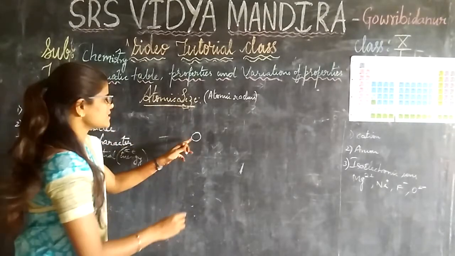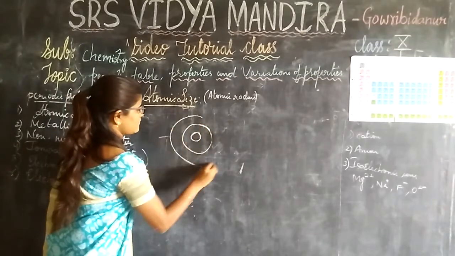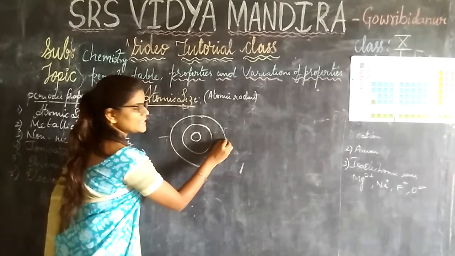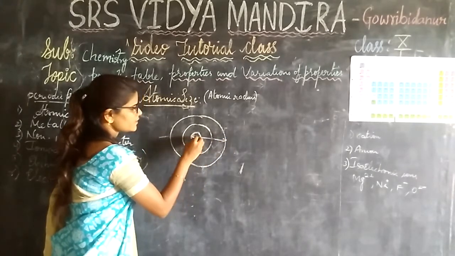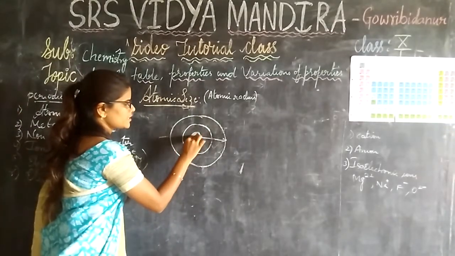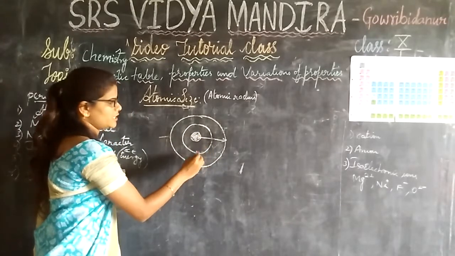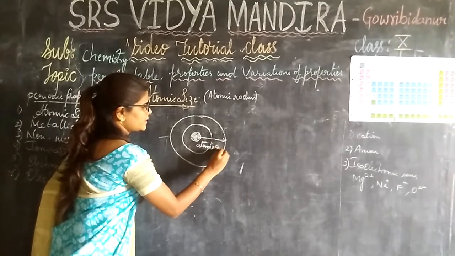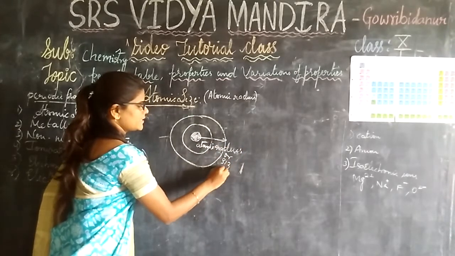See here, suppose you take this as a nucleus, it will have a number of shells. This is the nucleus and this is the outermost shell. The distance between the center of the nucleus and the outermost shell is called atomic radius or atomic size.